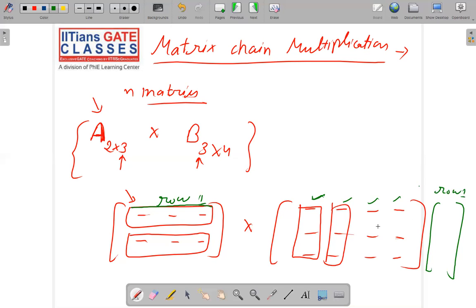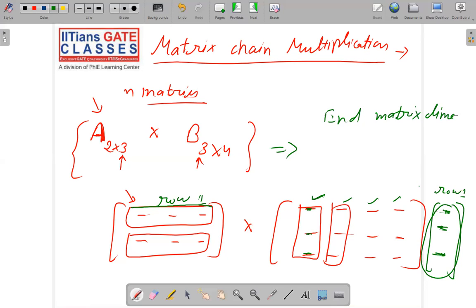You multiply the first element with the first element of the column, then the second element with the second element of the column, then the third with the third. You add them up.